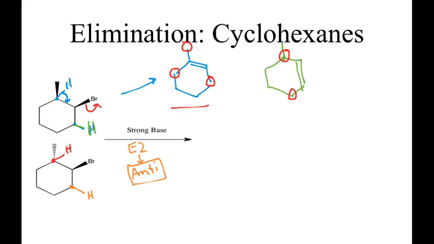And we go through and do our elimination where we bring in the base, get rid of the hydrogen, and our leaving group leaves. We would end up again with the possibility of two products: our red option, where we get our double bond here, or our orange option, where we get our double bond here.